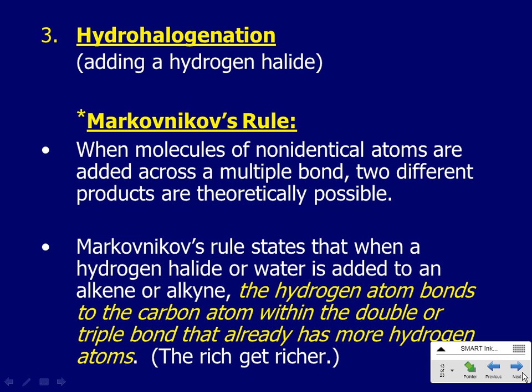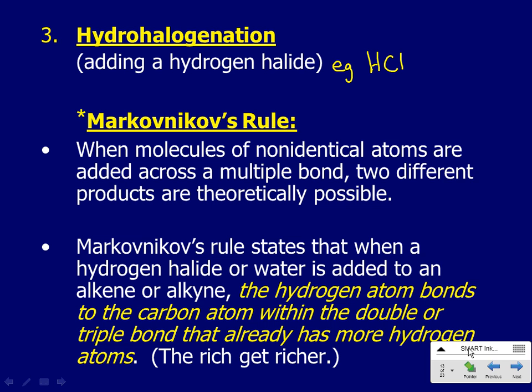Hydrohalogenation. Now, adding a hydrogen halide. I'm going to give you an example of a hydrogen halide. A hydrogen halide is anything that has hydrogen and a halide, like HCl or HBr or HI.